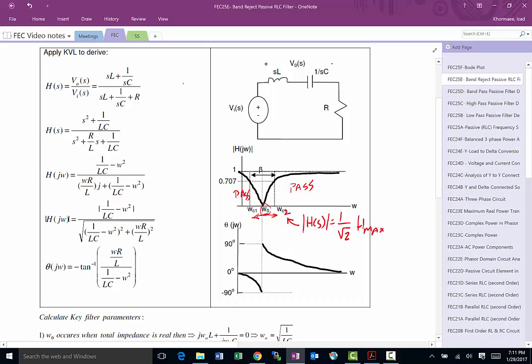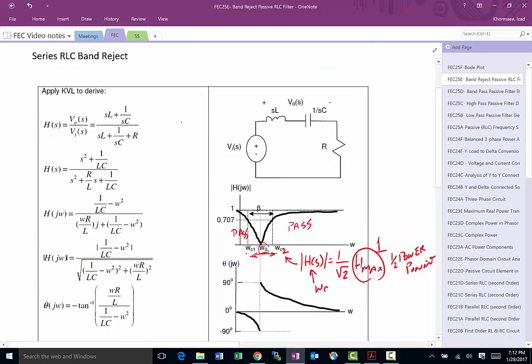Since this is a passive device, H max is equal to 1, which means at omega C, the cutoff frequency, it is equal to 1 over square root of 2. This is called the half power point, and we have two of them: omega C1 and omega C2 cutoff frequencies.